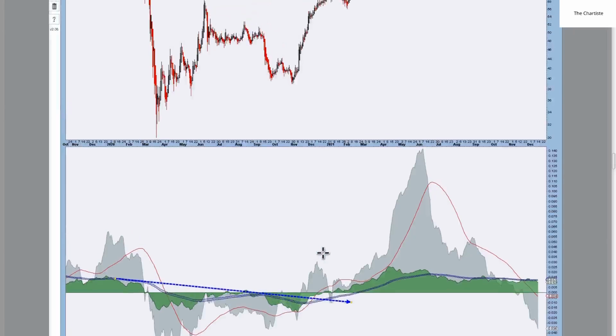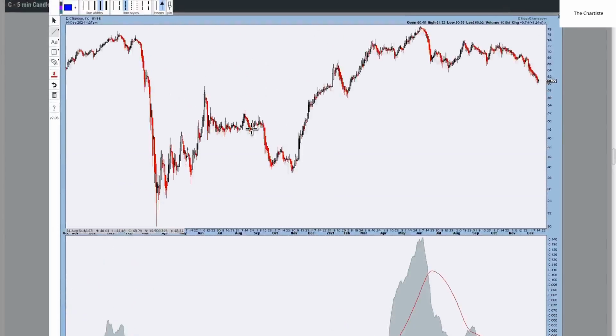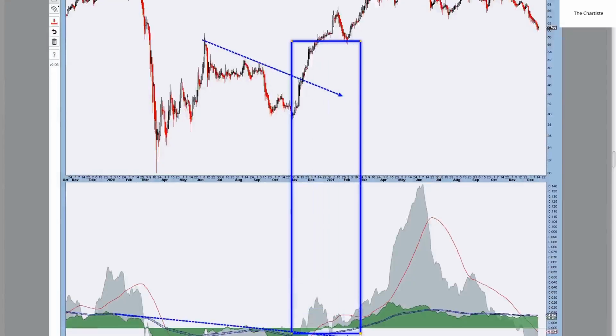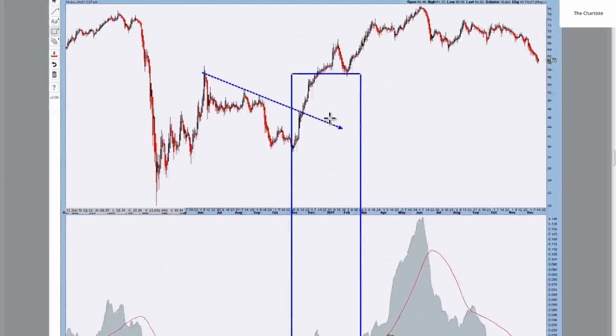Everything is breaking up here. That's where another break on price is happening. In that position, you have confirmation that this breakout has legs and will go further up.